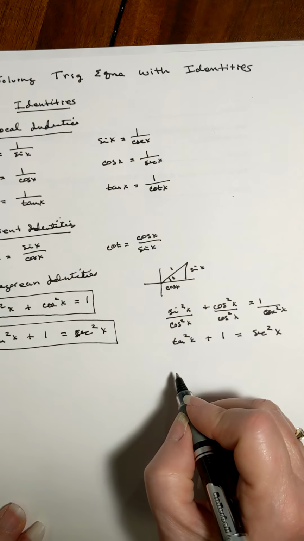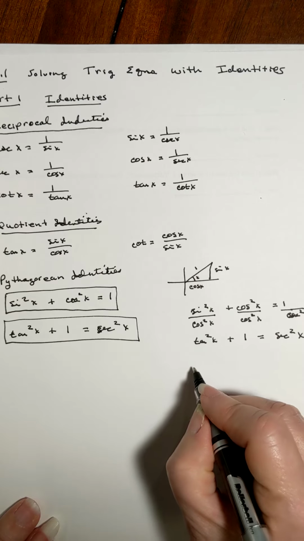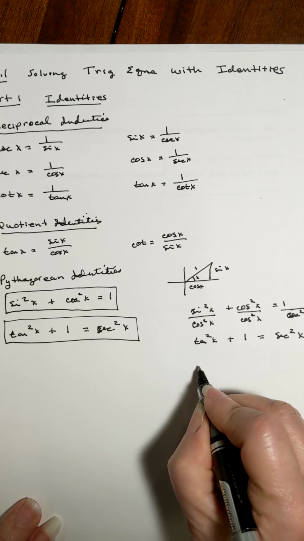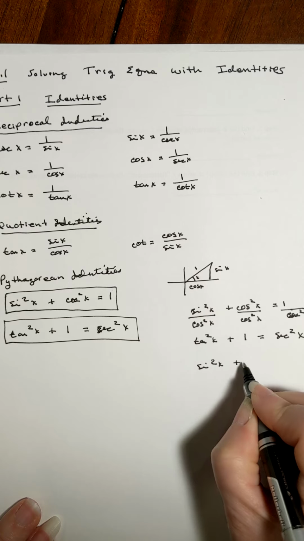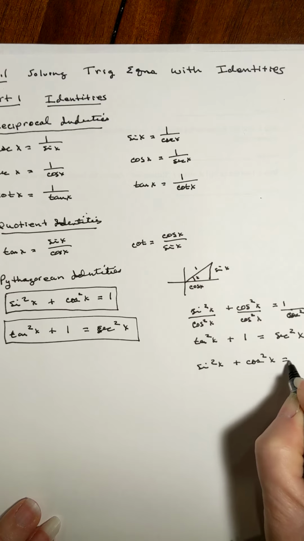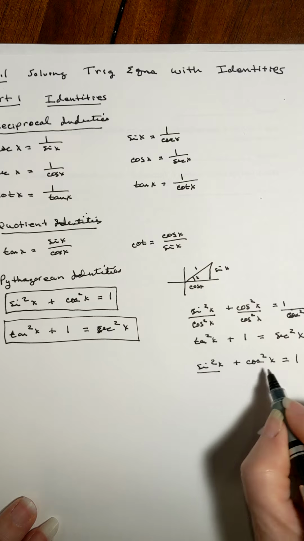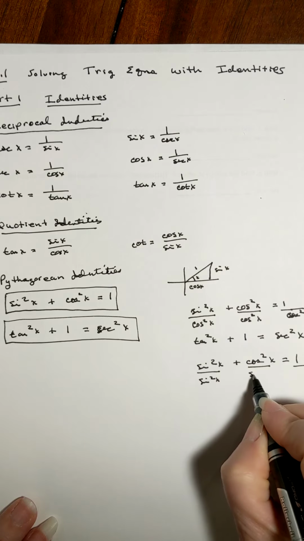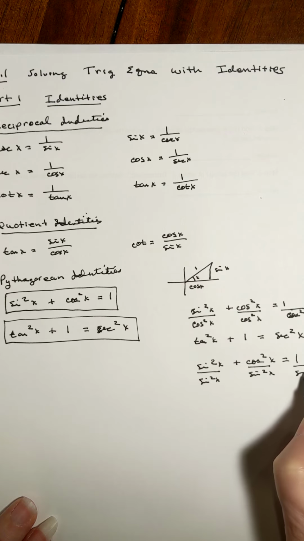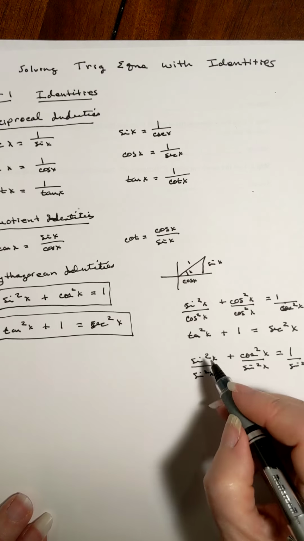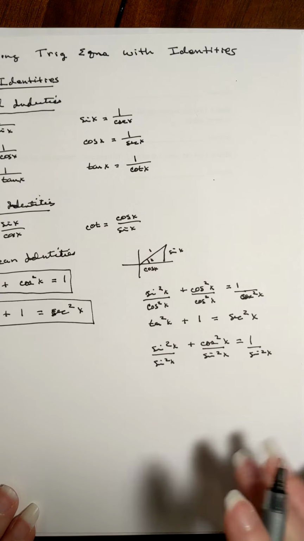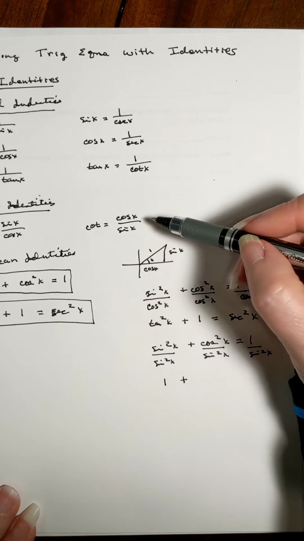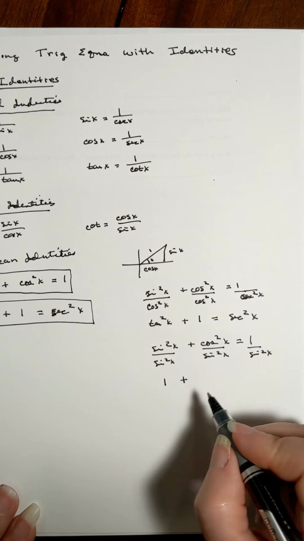Now let's do the same thing that we did before. Let's take the original identity, sine squared of x plus cosine squared of x equals 1, and let's divide both sides of the equation by sine squared of x. So here, sine squared of x over sine squared of x is equal to 1. Cosine of x over sine of x, if we look up here, that's equal to the cotangent of x.